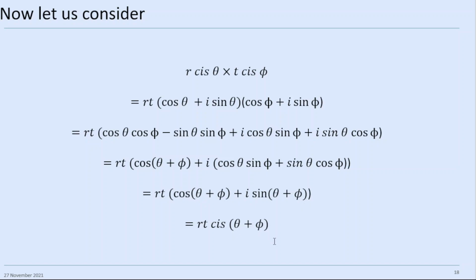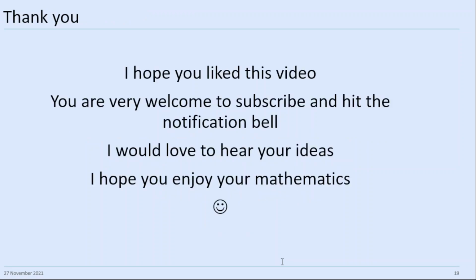So what we've got is a complex number with modulus rt, and this backs up what we showed earlier, which is the modulus of the product is the product of the moduli. And the argument of the product is the sum of the arguments of the complex numbers you're multiplying together.